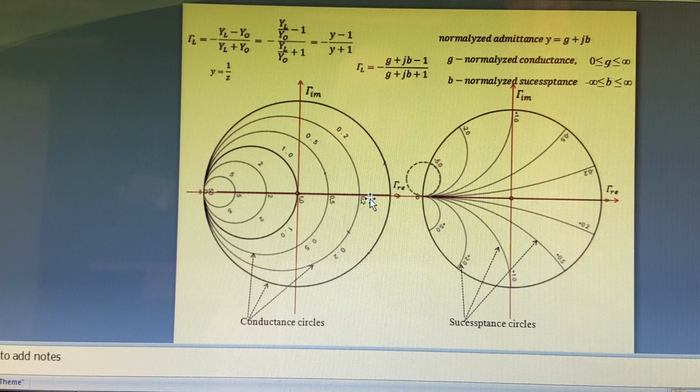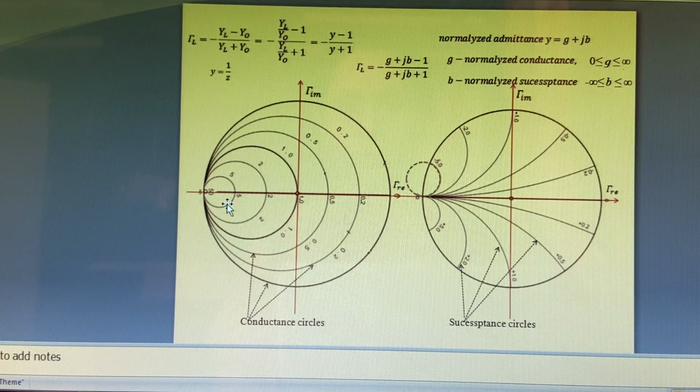As the value of G increases, the circle center shifts towards the left side of the Smith chart, and the radius reduces like this. This is G equal to 0, and this circle corresponds to G equal to 0.2. This is G equal to 0.5, 1, 2. This is the G equal to 2 circle.